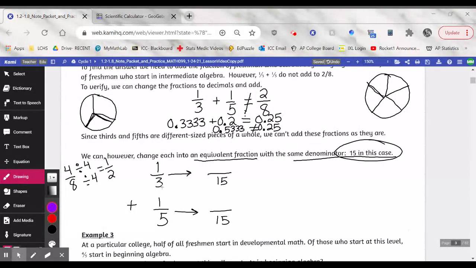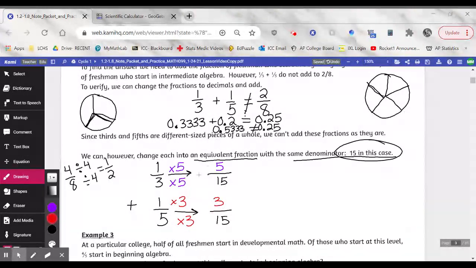In this first one, 3 times 5. And remember, if I do something to the bottom, I have to do it to the top so that it's an equivalent fraction. So I get 5 over 15. For your bottom one, you have to think 5 times what will give me 15, and that would be 3. So 1 times 3 is 3.